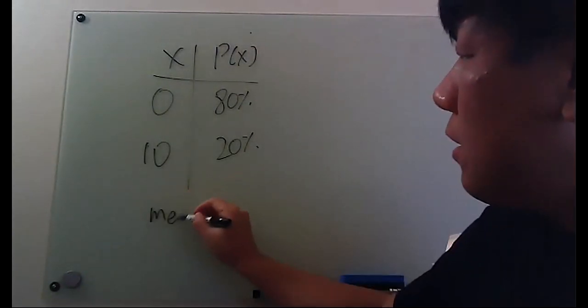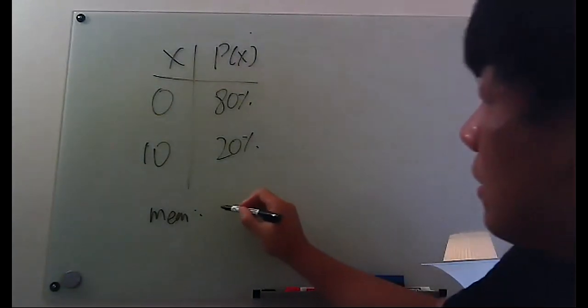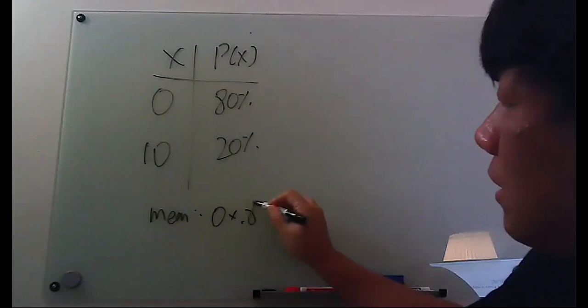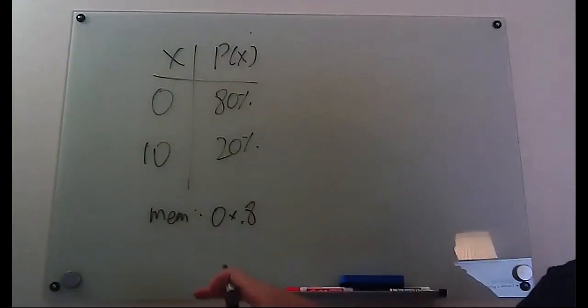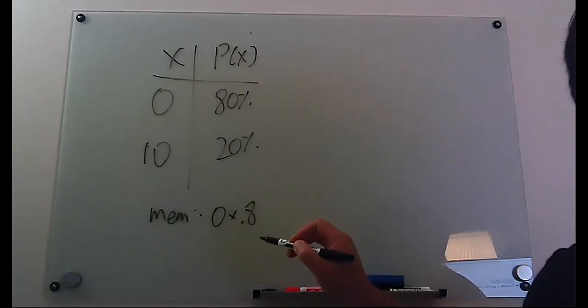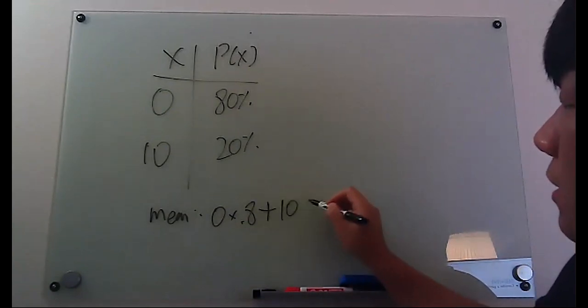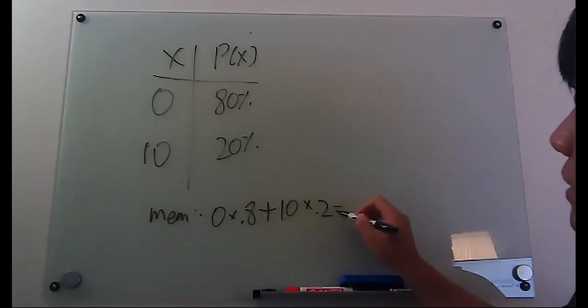So what is the mean? Can you try to get the answer for this? The mean is 0 times 0.8. If you are confused about how to get the mean, go back to slide 3. Take the lecture I recorded and posted in Blackboard. And then 10 times 0.2, which is 2.